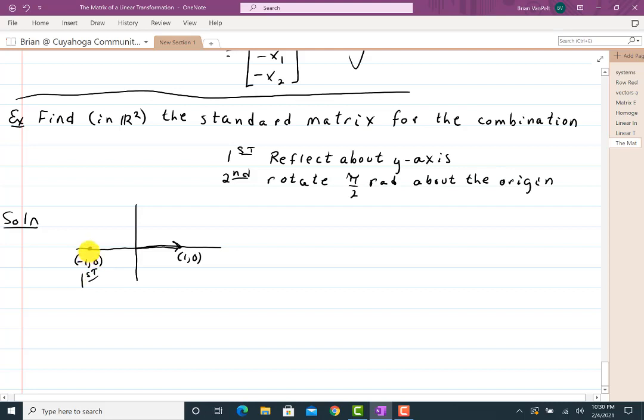So then we took this thing and then we rotated it pi over 2, which means we're going to end up on the y-axis now. And we will end up at 0, -1. So T of 1, 0 equals 0, -1.